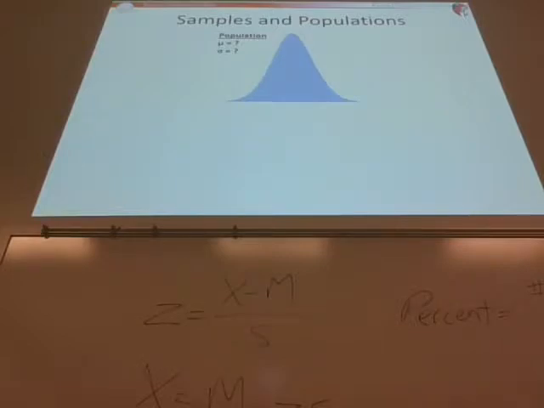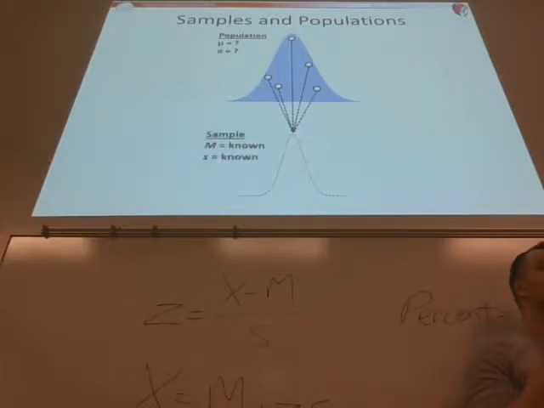But what we can do is we can start to take people from that population. So we can take this individual, and this individual, and this individual, and this person here, and we can say, all right, we're going to take a whole bunch of people, and we're going to get a sample. And that sample, which we see here, which has its own frequency distribution, that sample has a known mean because we can go out and we can measure it.